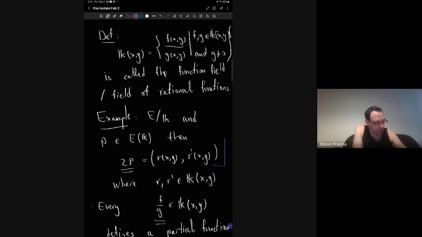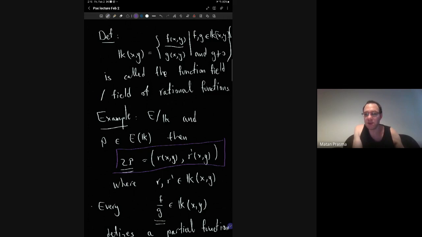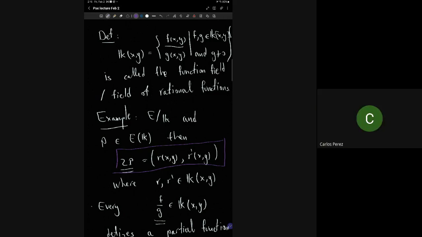The general function of doubling a point on E is a pair of rational functions, right? Yep. And so if we want to understand the doubling of a point in a more profound way, we want to understand rational functions. Fair enough. Thank you very much, Matan.